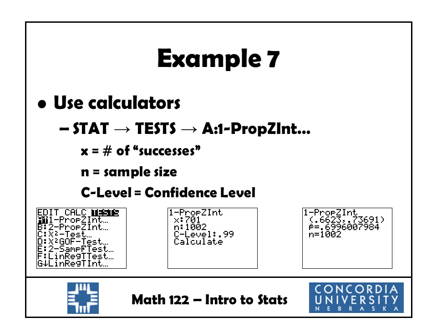Below that you see p hat, which is just x divided by n, and then you see n below that. Now this command is called 1-proportion z interval because we are calculating a confidence interval about 1 population proportion, and our critical value is a z-score. That's why it's given this name.